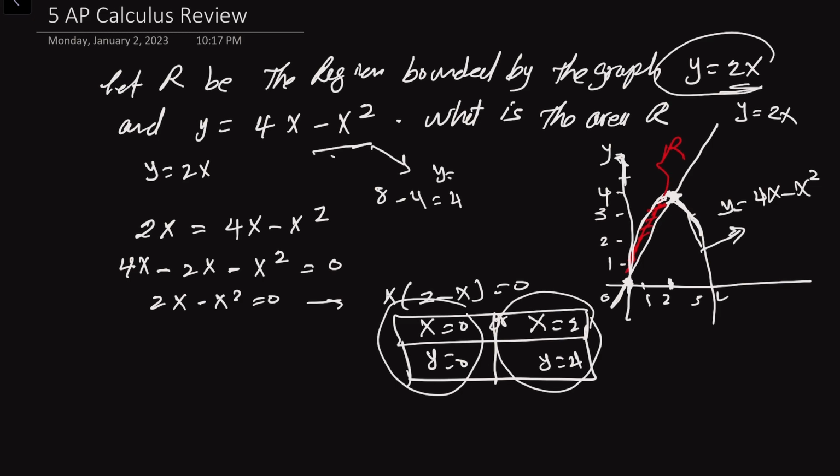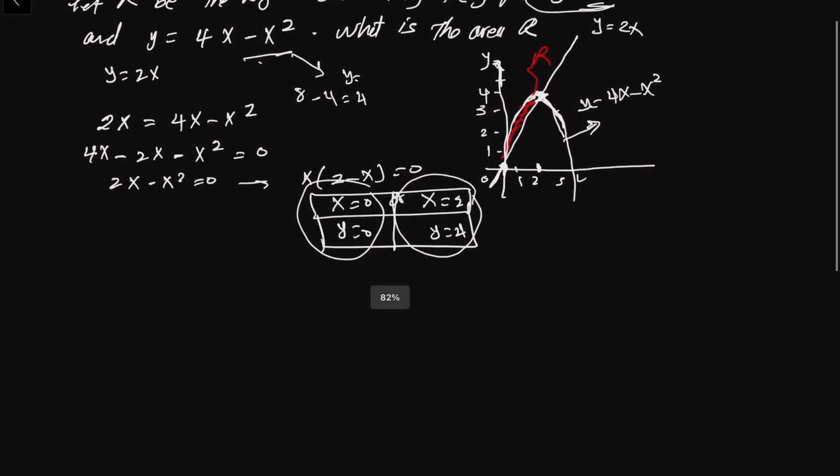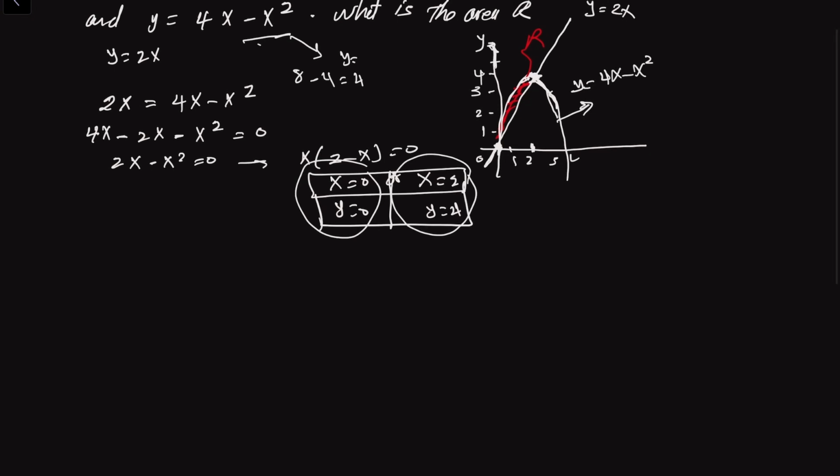All right. So now we need to know the area between the two curves. This is the top one, and this is the bottom one. The top one is 4x minus x squared.